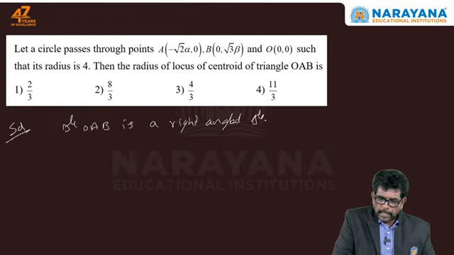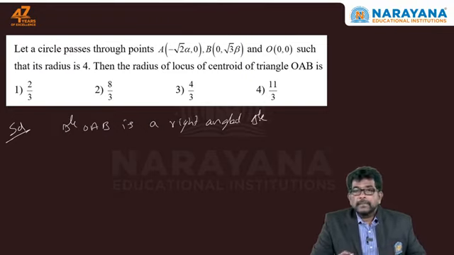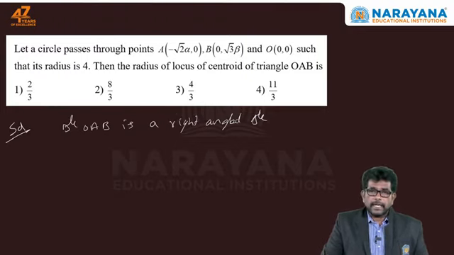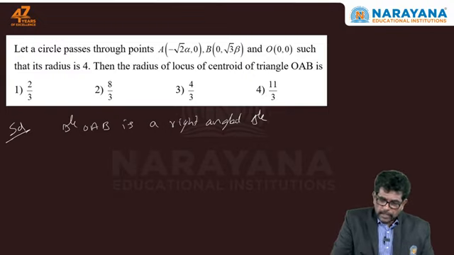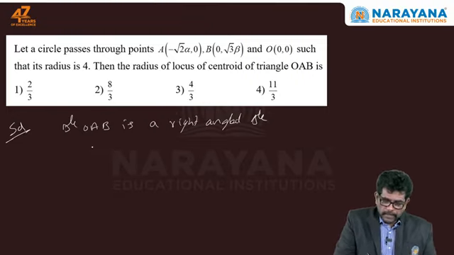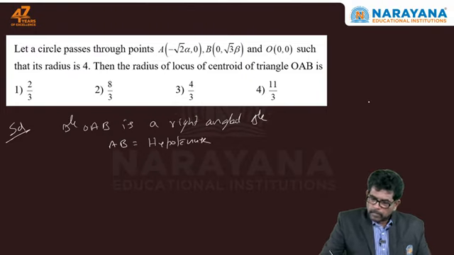In this right angle triangle, AB is the diameter. In a right angle triangle, the midpoint of the hypotenuse is the center of the circumcircle. That's why here AB is the hypotenuse, like this one.